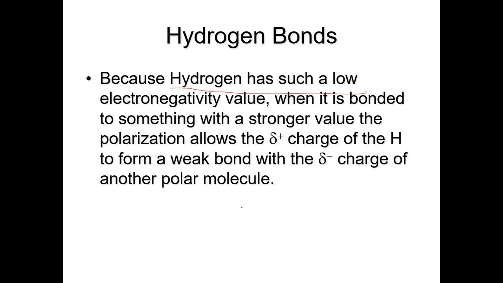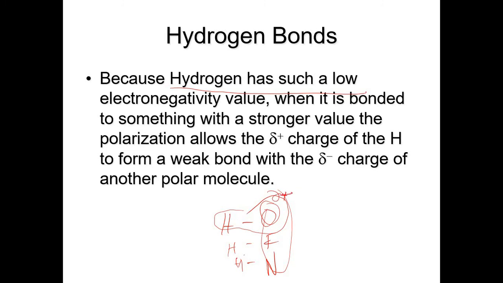When hydrogen is bonded to something with a high electronegativity, like for example, oxygen, or H will be bonded to F, or H will be bonded to N. Diba? These are electronegative elements. So when hydrogen is bonded to these, it forms polar bonds. Diba?